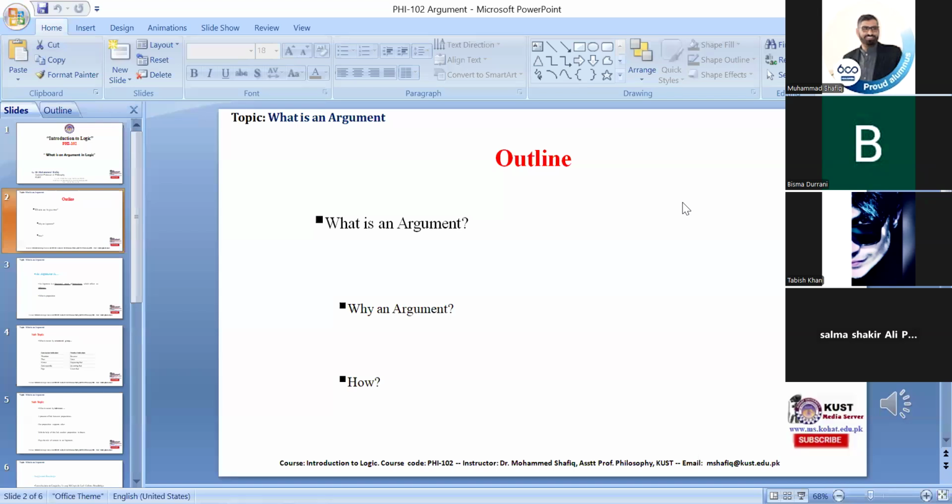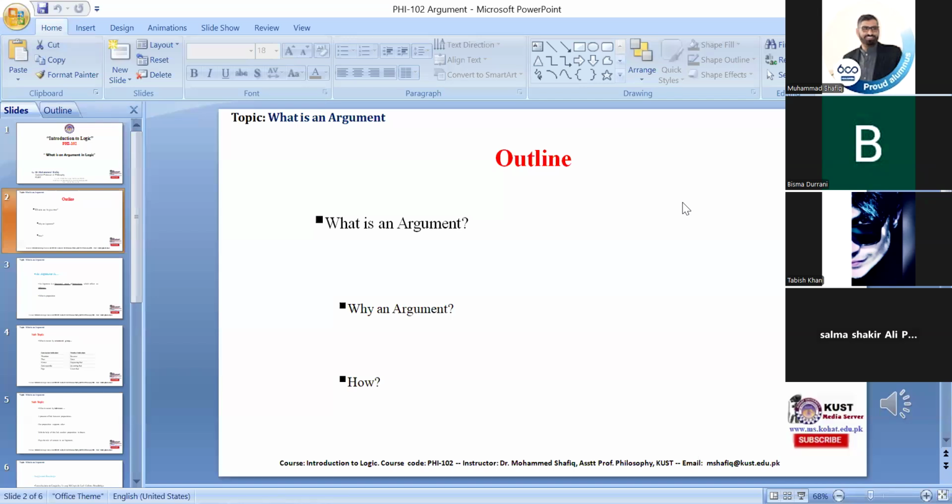If it starts from a general class and the conclusion is particular, that is called deductive argument. But we are going to talk about different kinds of arguments at a later stage. Today, we just wanted to discuss what does argument generally mean, and what are the key requirements of an argument.